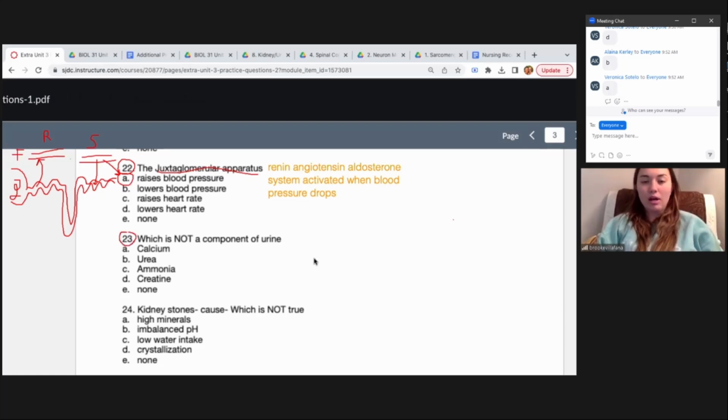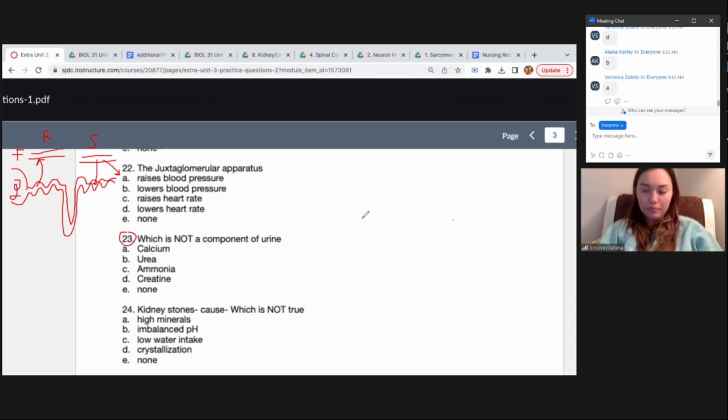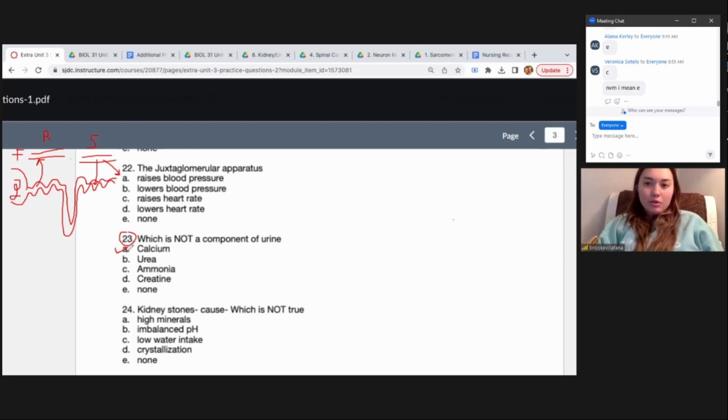Question 23, which of these is not a component of urine? So we know that calcium is excreted in urine.